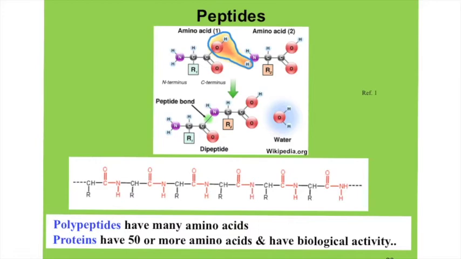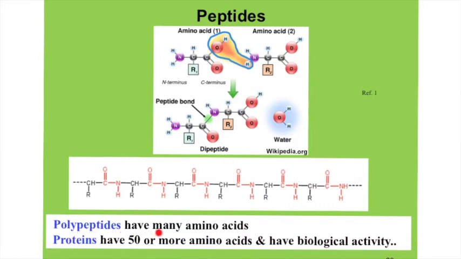And then you have the carbon of the carbonyl attached to the nitrogen of the next amino acid to form that amide bond. Okay, so this is an amide bond or a peptide bond. Well, it's an amide functional group, but you want to call it a peptide bond. Okay, and that connects the 2 amino acids together. And it is a condensation reaction.